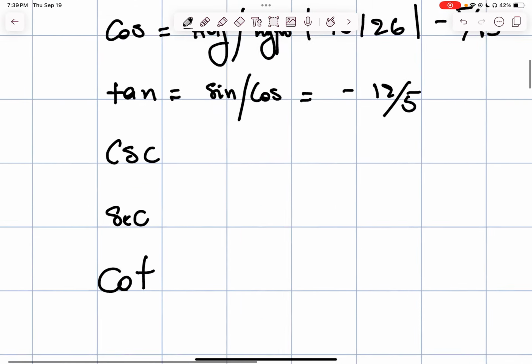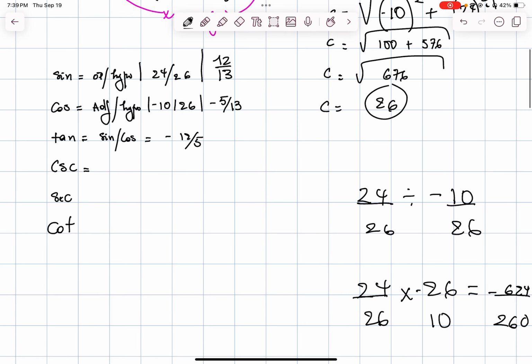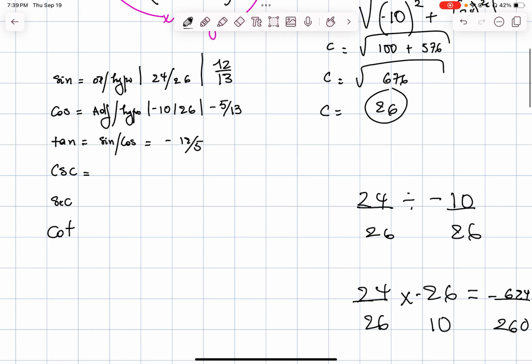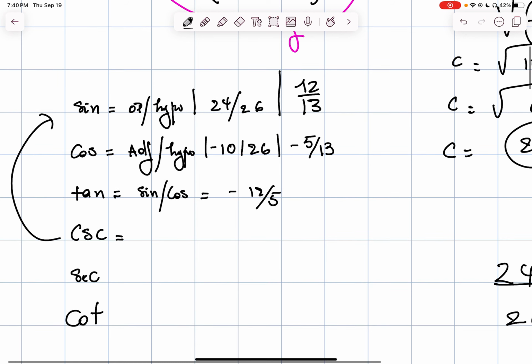Now it's going to be much easier to find the reciprocals, because it's just flipping the denominator and the numerator. Cosecant is directly related to sine, so you flip it. The sine was 12 over 13, so it's going to be 13 over 12. That's your cosecant.